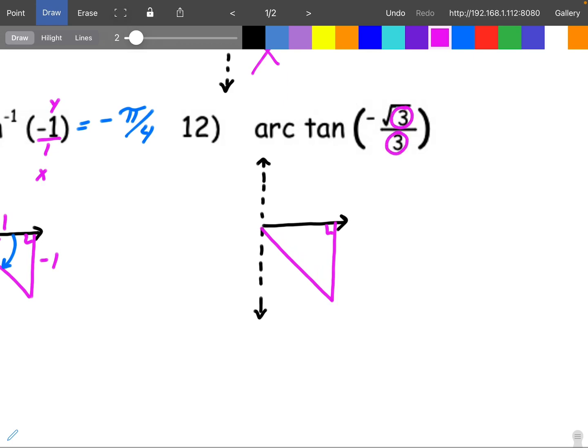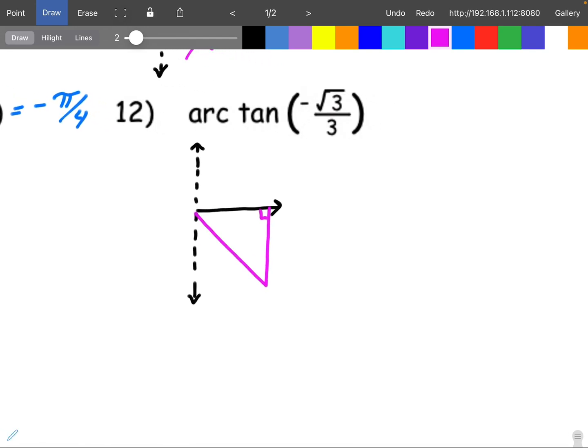However, think about this. We have a 3 here and a 3 here, which tells me that this is most likely a rationalized answer. So I want to unrationalize it. I need to change it from its rationalized form to what it would have been before we rationalized it.